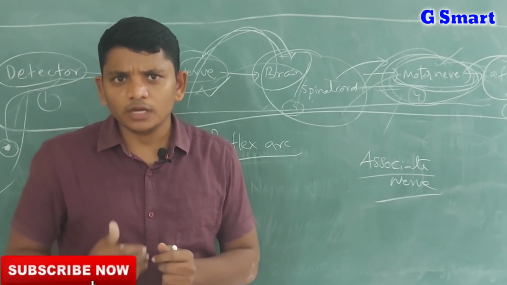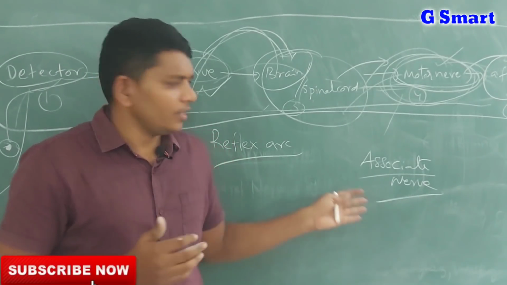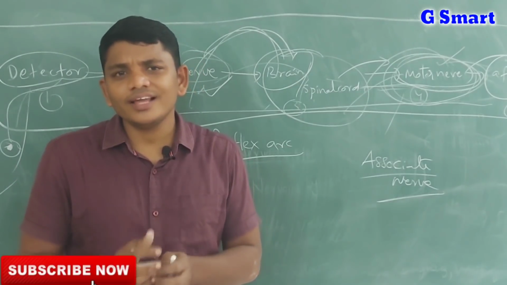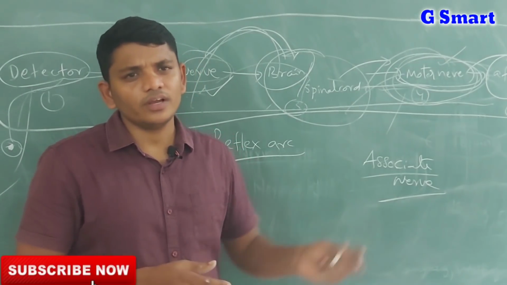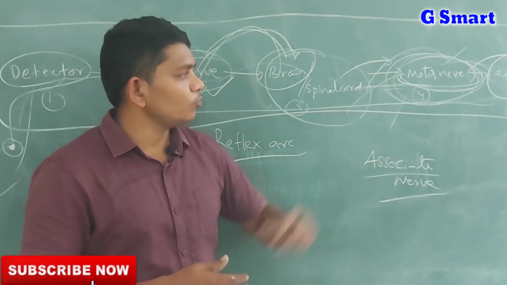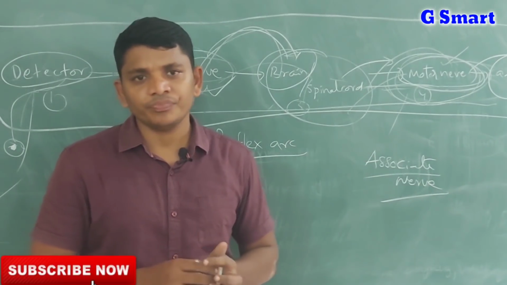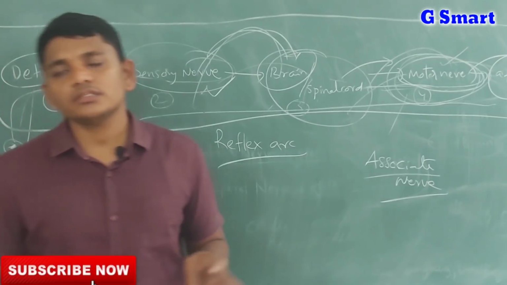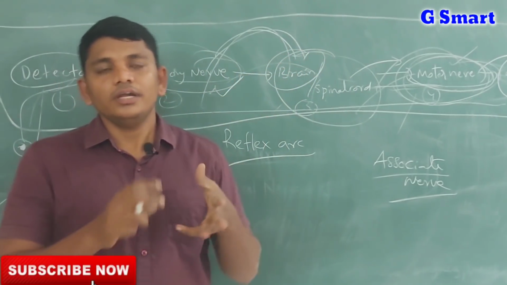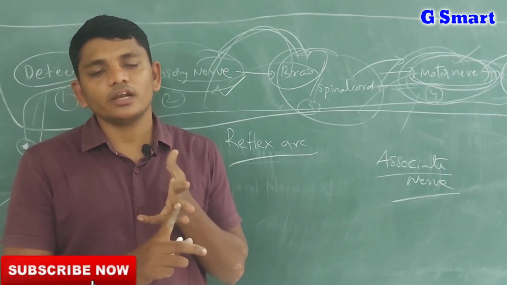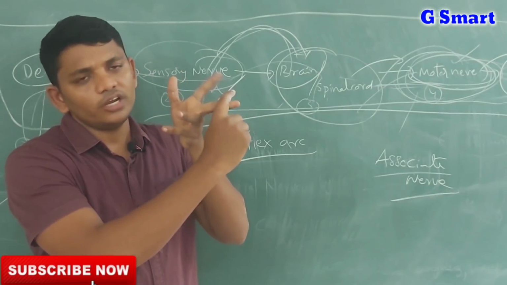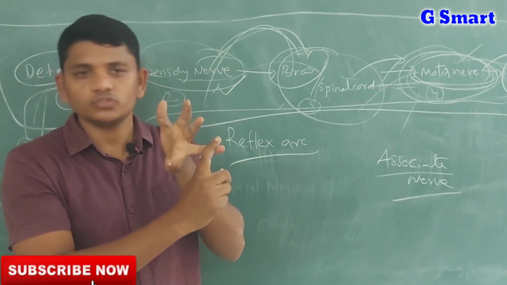Some information comes to the spinal cord, and associate nerves analyze it and give a response. The response goes with the help of the motor nerve to the effector organ. Clear? Okay, so here we discussed nerve cells. Nerve cells are mainly of three types. First one is sensory nerve, second one is motor nerve, third one is associate nerve.